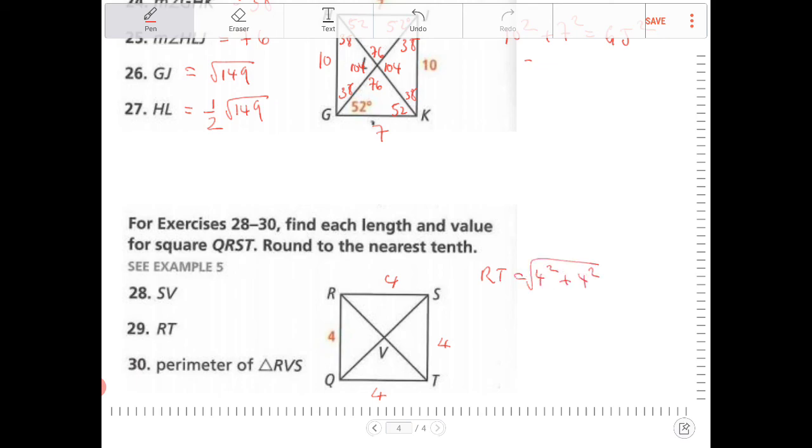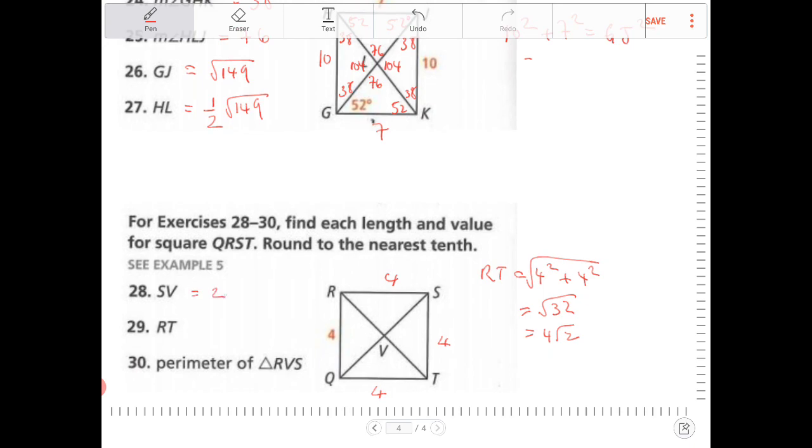If you work this out, this becomes the square root of 32, which is 4 square root of 2. And since I'm asked to find what SV is, it's going to be half of that. So this is going to be 2 square root of 2, because it's half of 4 square root of 2. RT is going to be 4 square root of 2.